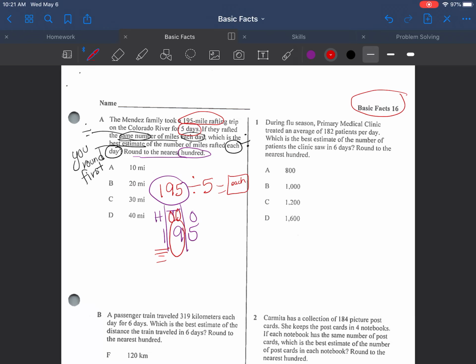So I'm going to take 195 and I'm going to round to the nearest 100. So I'm going to circle my tens, the number to the right. Remember, 5 or more, add 1 more. So my 1 will become a 2. The numbers on the right turn into zeros.